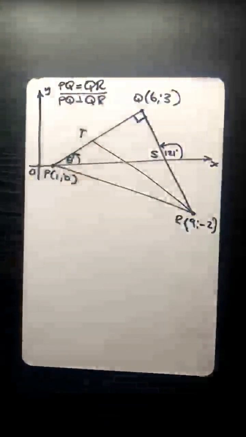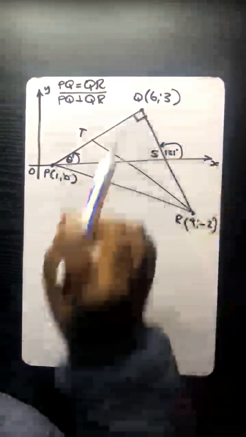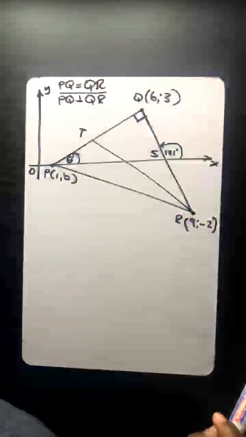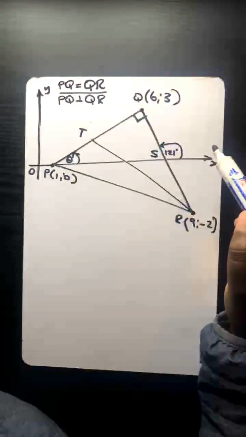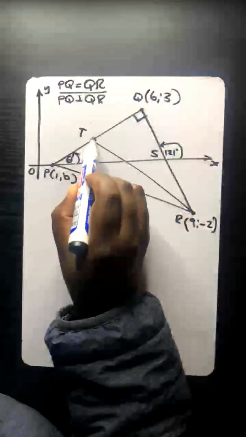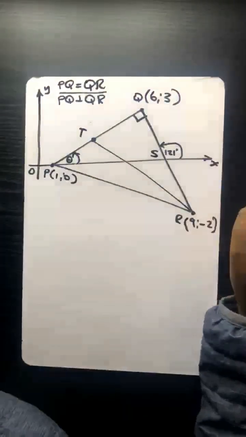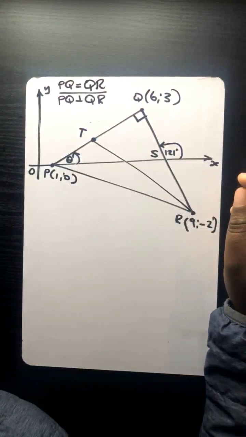But this one, I think it makes sense, honorable members, because for lines to be perpendicular, we are supposed to have that 90-degree sign there. So let's see. Now they are saying T is a point on PQ. Where's PQ? There's PQ, and then there's T on that line of PQ, such that T is the middle point, or the midpoint, of PQ.